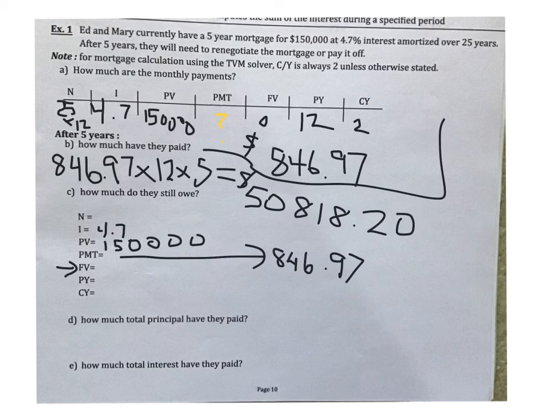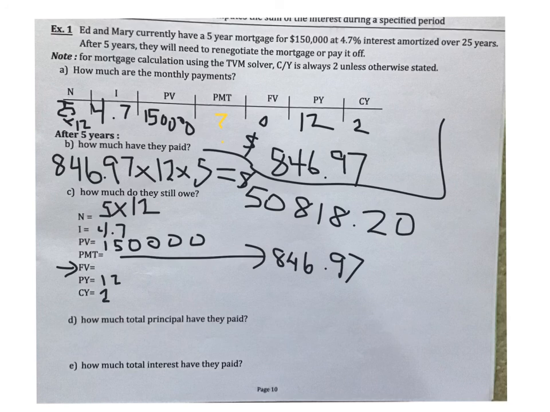We're looking at after 5 years. So my PY is monthly payments. My CY is compounding twice a year. So instead of the 25 for the N, it's only 5 years later, so I'm putting the 5 in times the 12 payments each year. So the N would become 60.